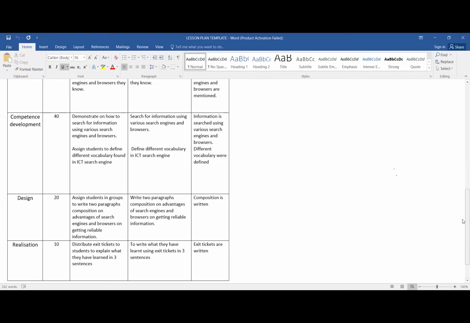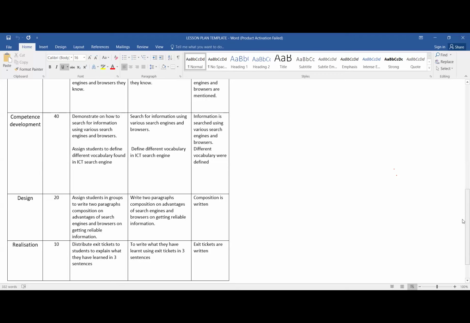But how can you assign a student to do something? Maybe you can assign them by grouping them. You can assign them by giving them the jigsaw. You may assign them by doing any activity that you think fit. By doing this is when I'm going to assign my students to write something which I like or I have intended to do.